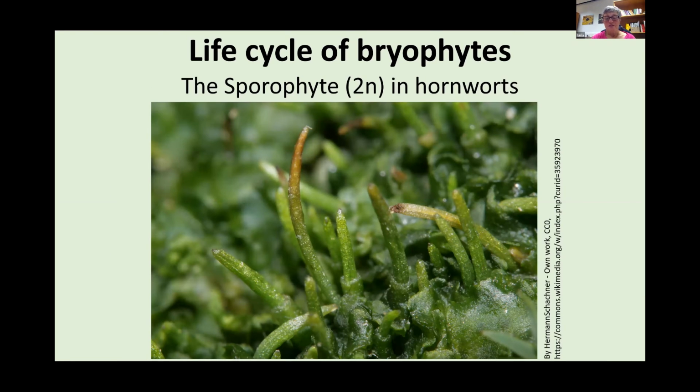So looking at the sporophyte in hornworts. Hornworts, I should have put this at the beginning actually, because hornworts are very primitive and their sporophytes are also very simple, very primitive. There's no seta and capsule.